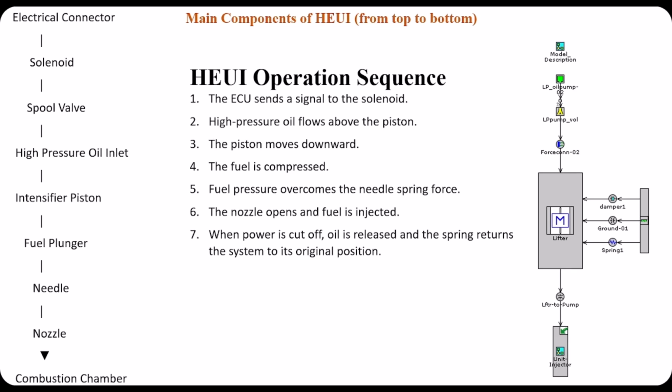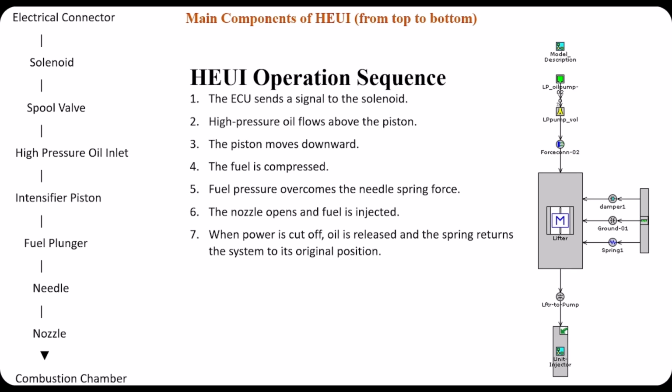And actually, solenoid activated by the ECU command opens the high pressure oil passage, and then a spool valve directs high pressure oil to the top of the piston. When power is cut off, it opens the oil drain pass. Then high pressure oil is supplied by a high pressure oil pump.